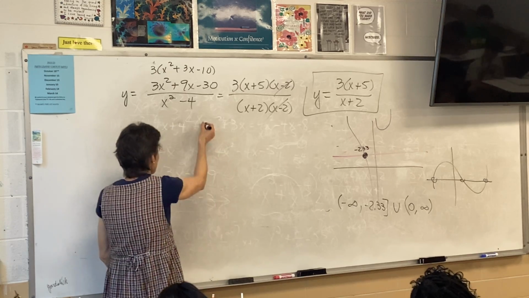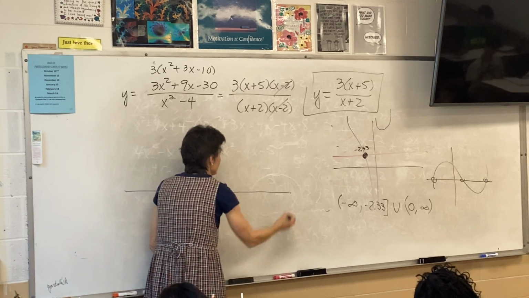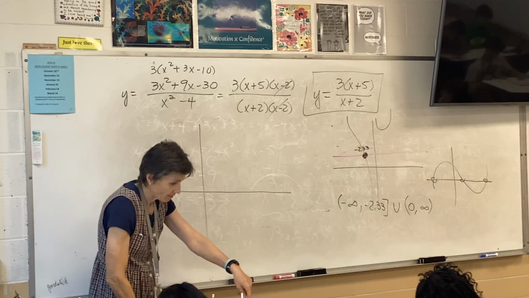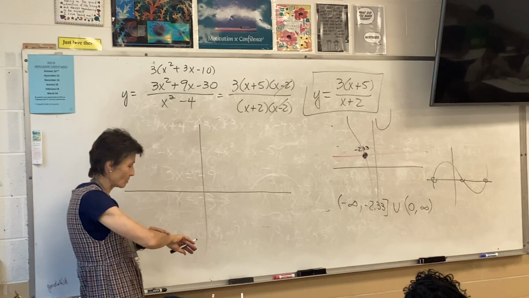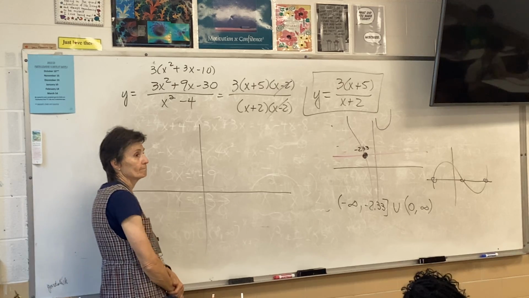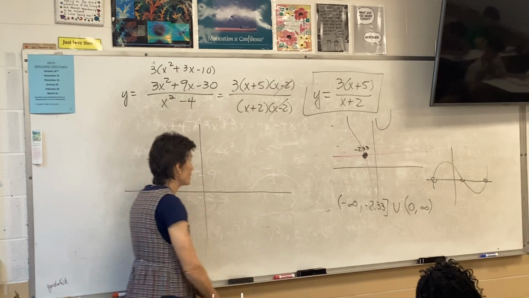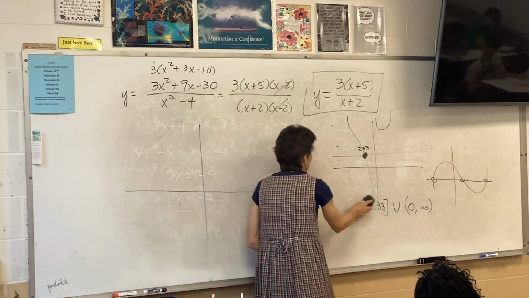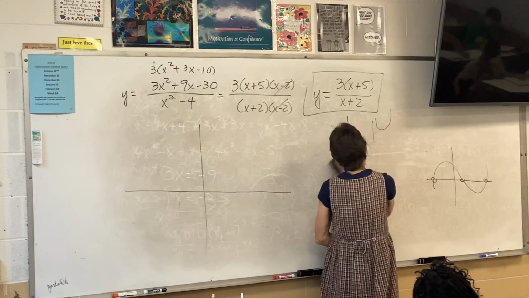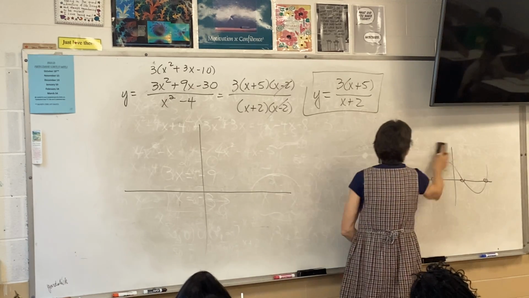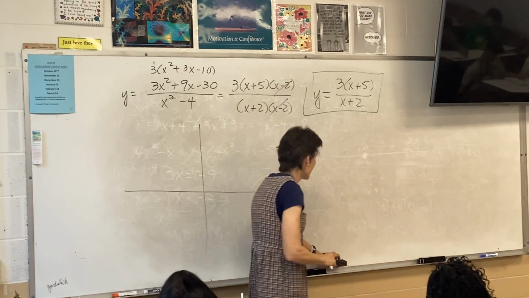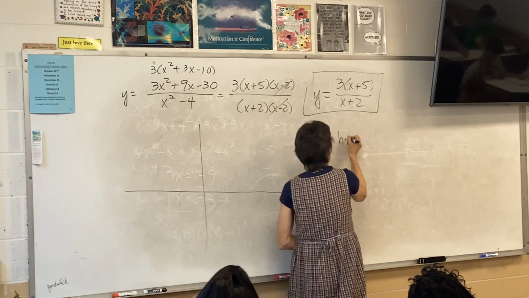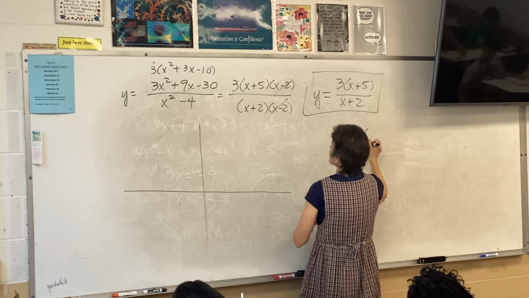All right, let's start graphing it. I'm going to fill in all the stuff. So the list is there. You won't have to remember the list, it's there. So what do you know? Okay, we know we're gonna have a hole because how do we know that? Because we cancel. And when we cancel, it's called the removal of discontinuity. And we have one at what?